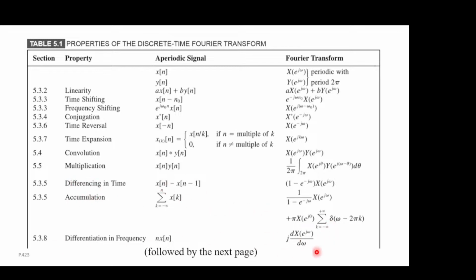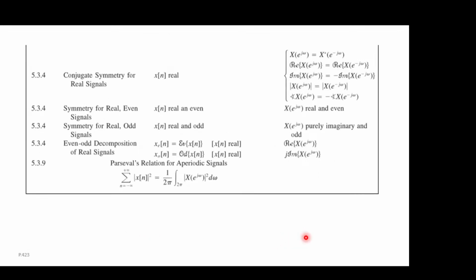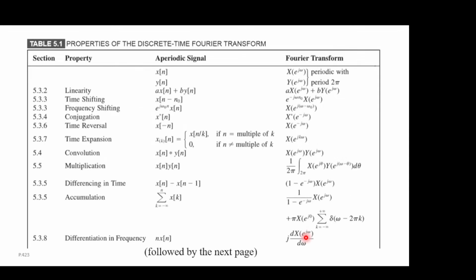In the frequency domain, the frequency domain is continuous, so you can take a differentiation, and you get a minus j n in the time domain, but you can move the minus j to plus j on the frequency side. We don't think about the integral of this, but you can guess: something funny happens here also.